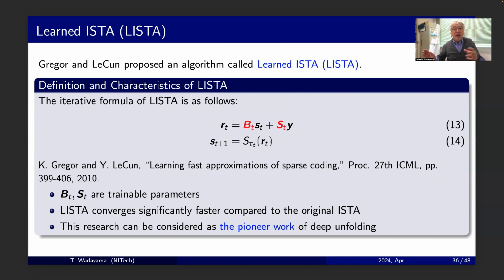So BT and ST are tuned by using the deep learning technique. After appropriate training, LISTA converges significantly faster compared to the original ISTA.